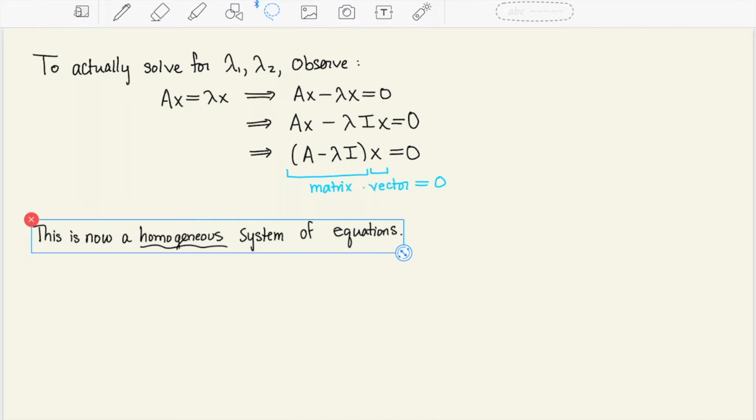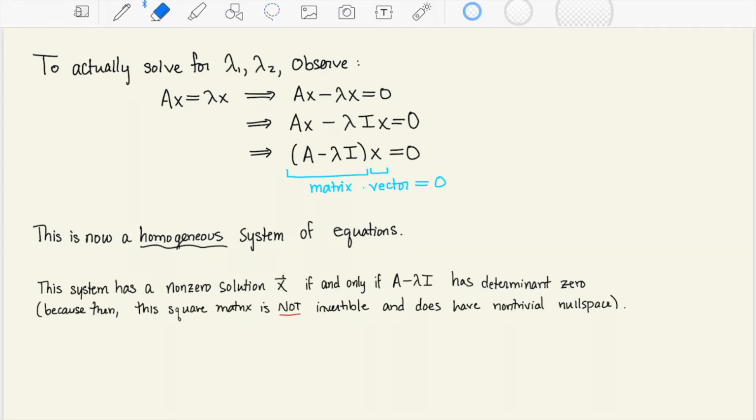And remember, homogeneous just means set equal to 0. And at this point, we have a lot of linear algebra that we've built up to study homogeneous systems of equations. What we can actually say is that this system has a non-zero solution x. That's the eigenvector that we're looking for. If and only if the matrix A minus lambda I, that's the matrix appearing in this equation, has determinant 0.